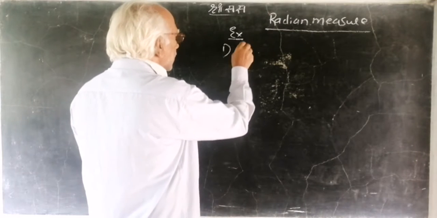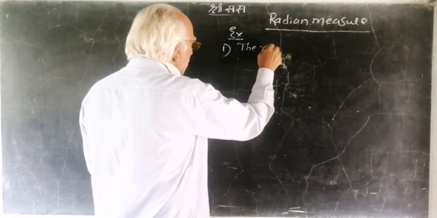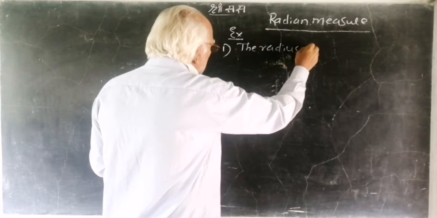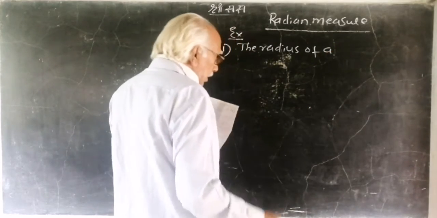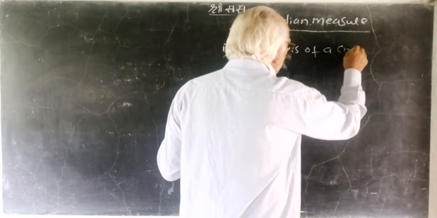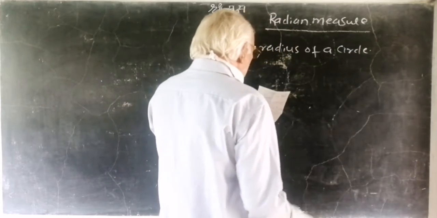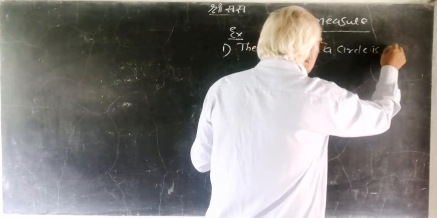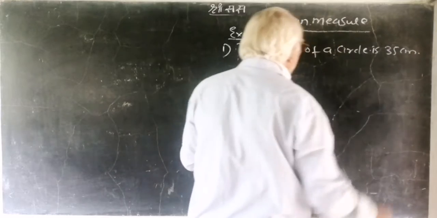The radius of a circle is 35 centimeters.